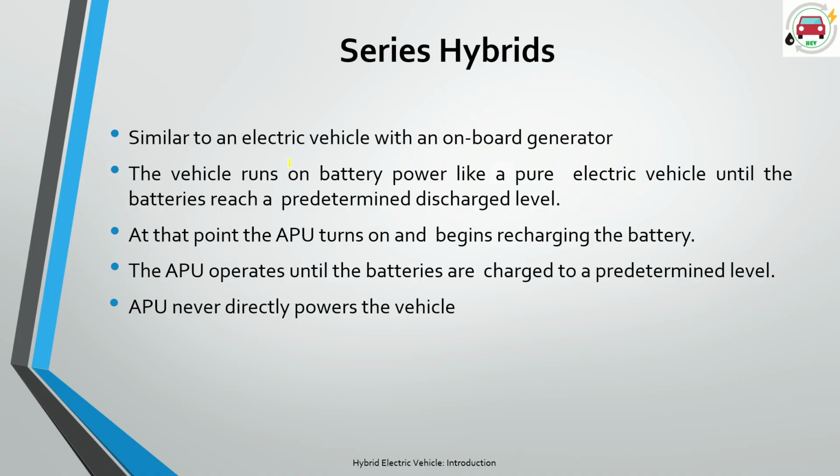But when we are using the electric vehicle with an onboard generator, generator means which is generating electricity on the vehicle itself, there is no charging required. Alternately, continuously it is going to generate the power.